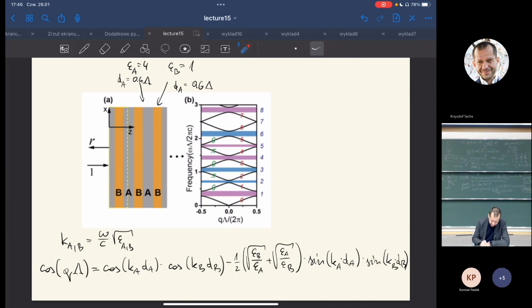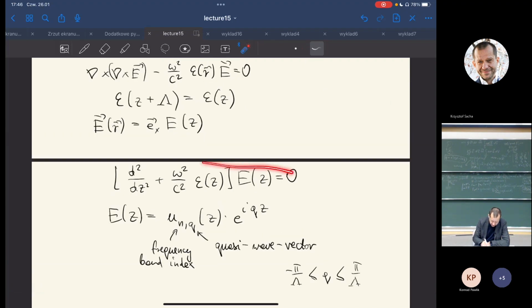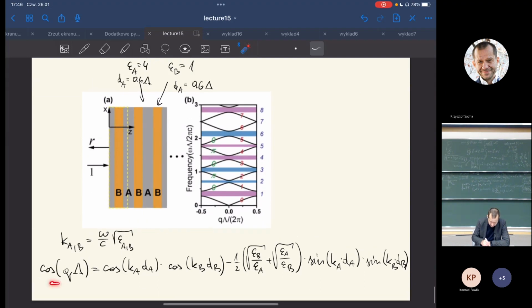It turns out that the frequencies form frequency bands. That's basically the solution of this equation, which can be reduced in this particular example to the following equation.